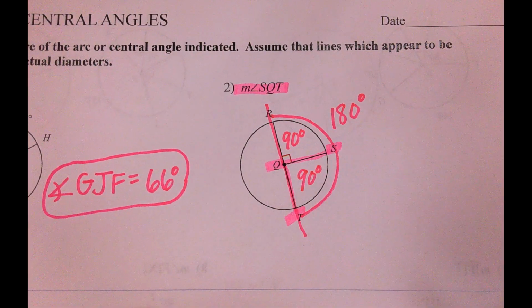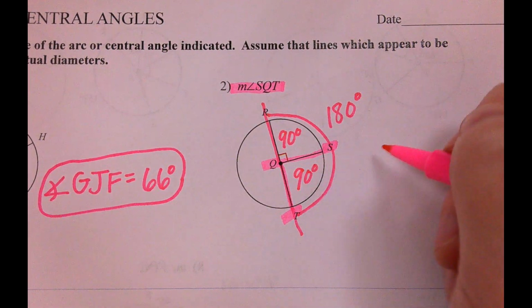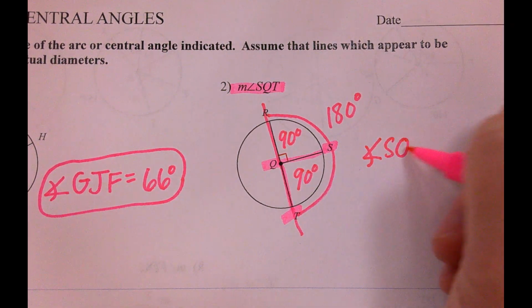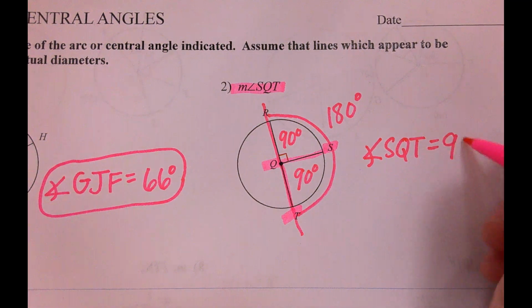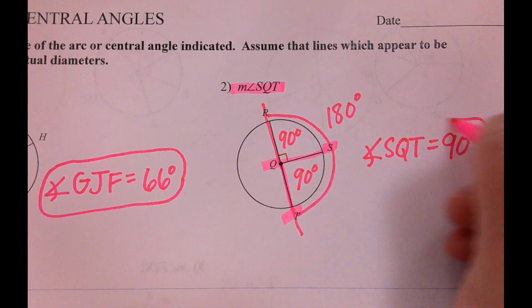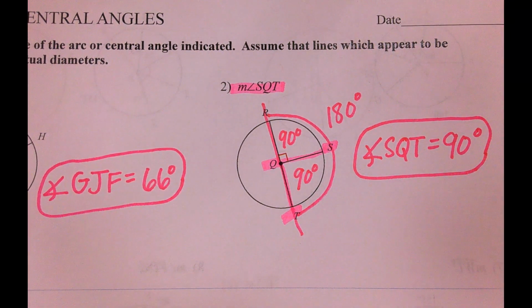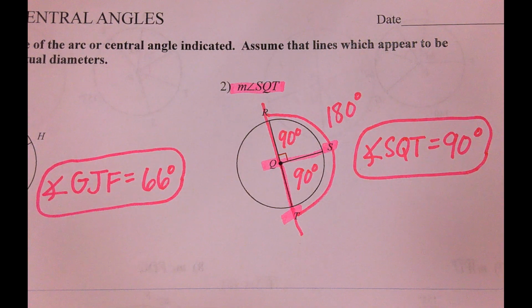So my answer is angle SQT is 90 degrees. Awesome. It will get harder. It will get harder.